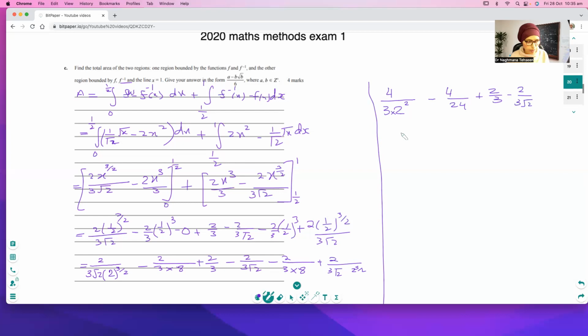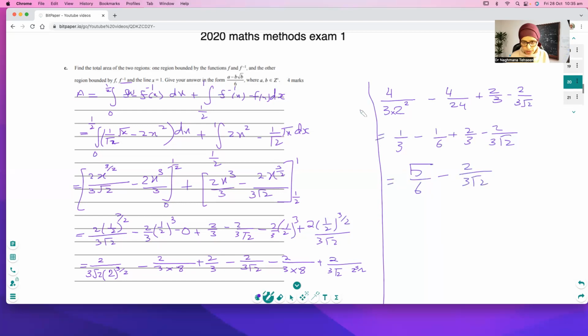So this will give me 1 over 3 minus 1 over 6 plus 2 over 3, minus 2 over 3 root 2. This gives me 1 minus 1 over 6, which gives you 5 over 6 minus 2 over 3 root 2.